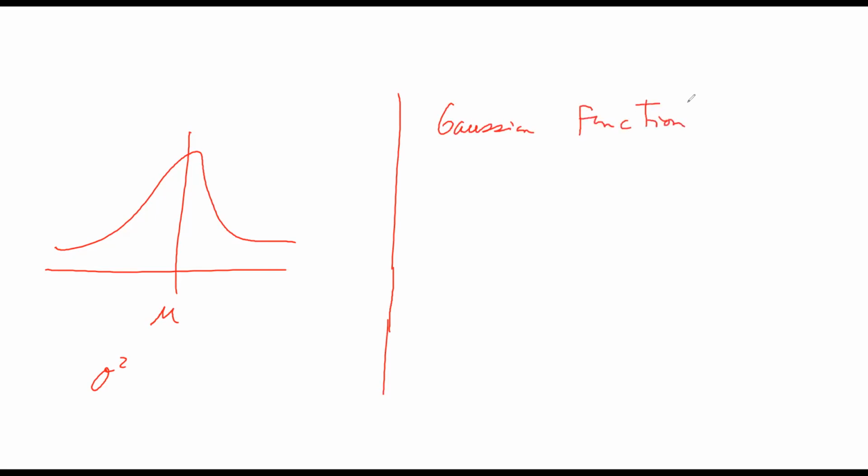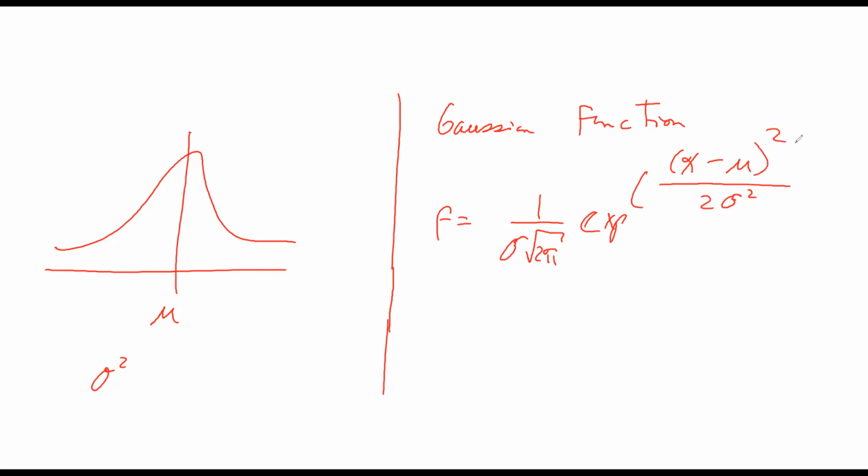This is so famous you can just look it up on Wikipedia, but basically the function looks like this. It is 1 over the standard deviation times the square root of 2 pi, and then an exponential, right? We calculate this for all x's, and we take the difference from the mean.